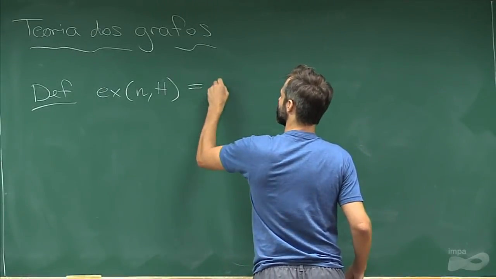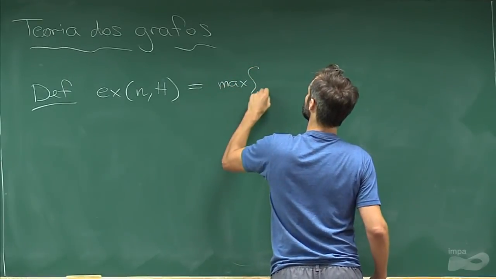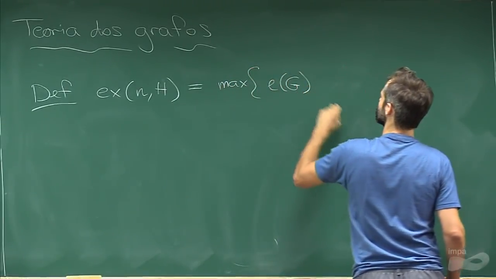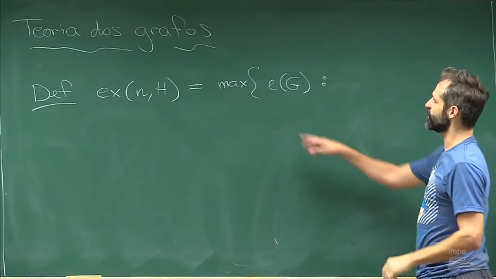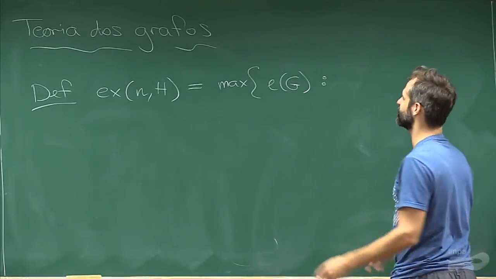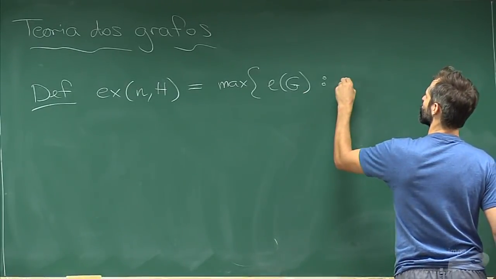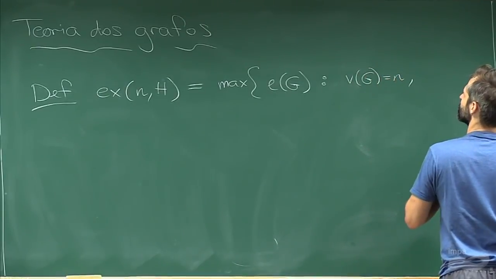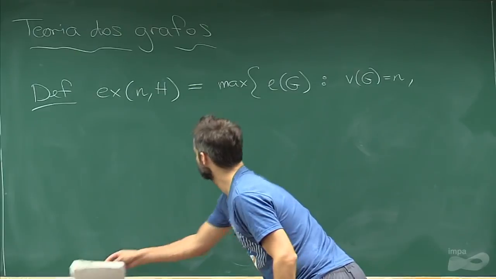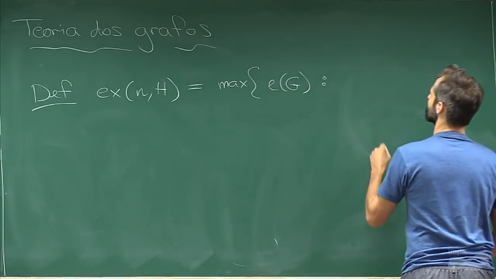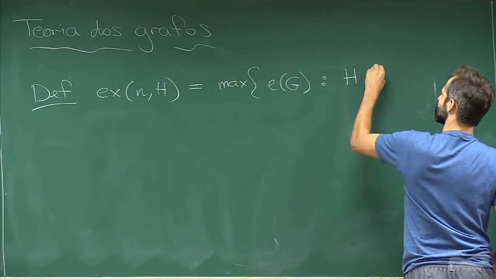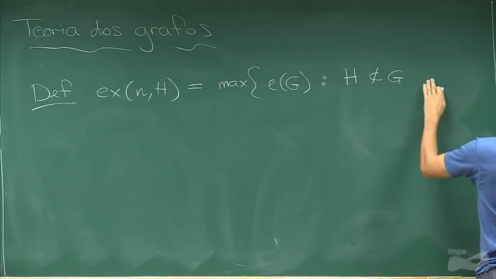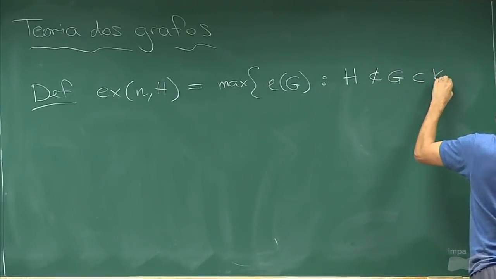This is the maximum number of edges in a graph G, where the number of vertices is n. Perhaps I'll write it slightly differently, such that H is not contained in G, but G is contained in Kn.